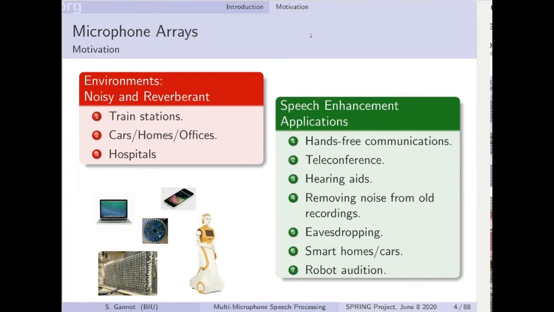Actually, one of the claims is that we do not need so many microphones when we work in the new paradigm which we are proposing, which takes into account the acoustic propagation. This helps us a lot in improving the beamforming and also in increasing the spatial resolution of the beamformer.